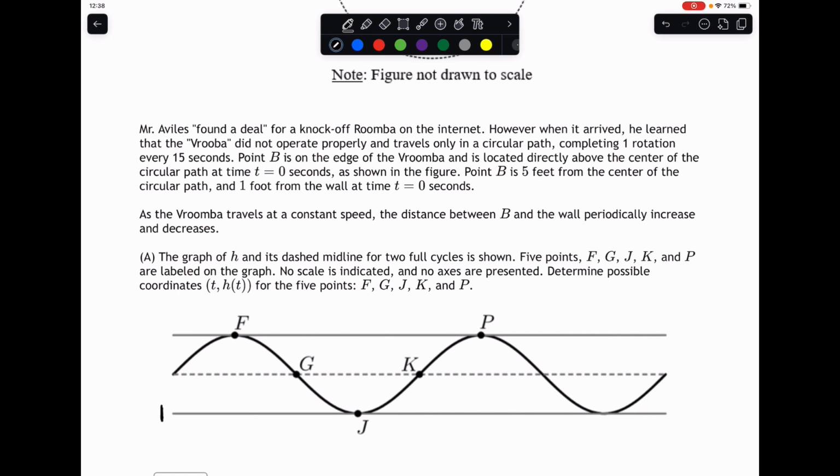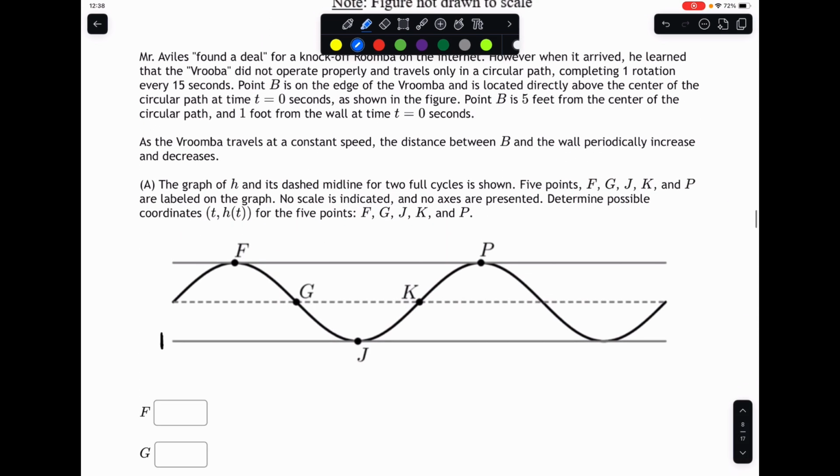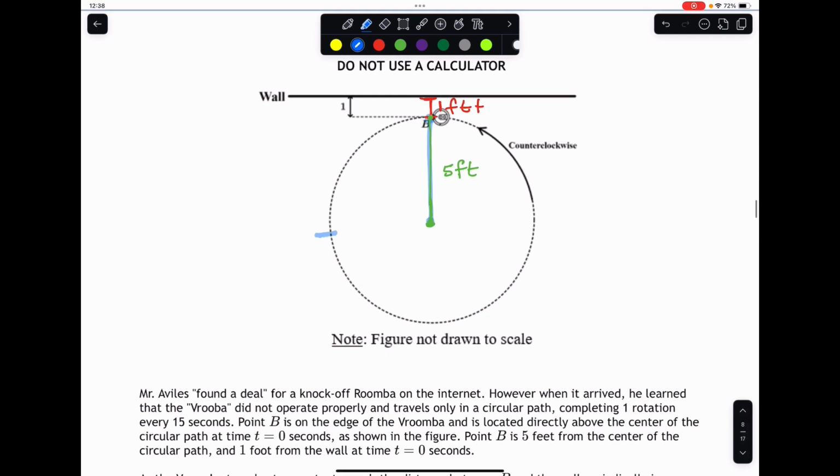We're told that the distance from this position here, let me highlight it in blue, to the center is 5 feet. So that's going to be our amplitude. When the Roomba is located right here, we have that 1 foot, adding the distance from here to here, which is 5, so the total distance from the wall to when the Roomba is in the center is going to be a total of 6 feet.